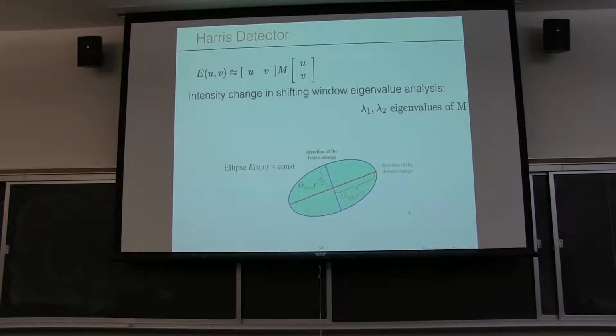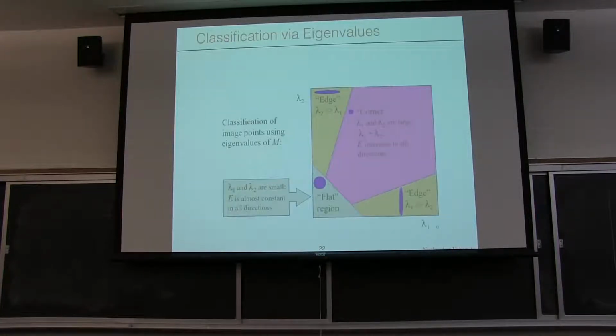And the ellipse itself I can change by changing this term over here. If I change it to a different value, I will get bigger ellipses and smaller ellipses. So I have contours of these ellipses.